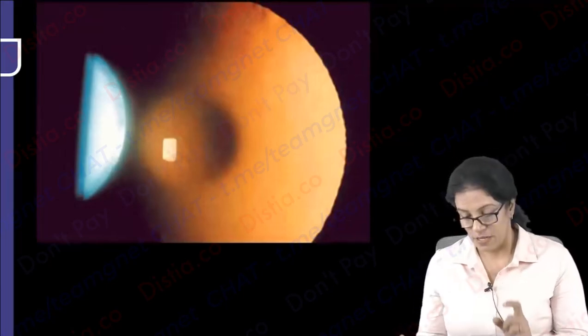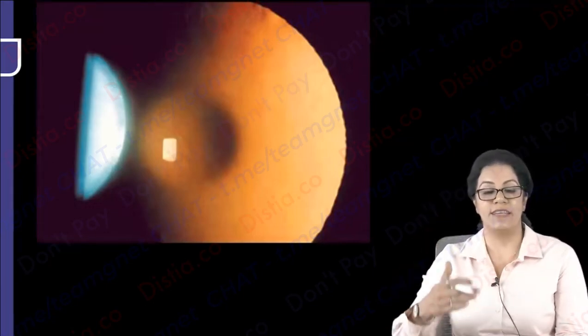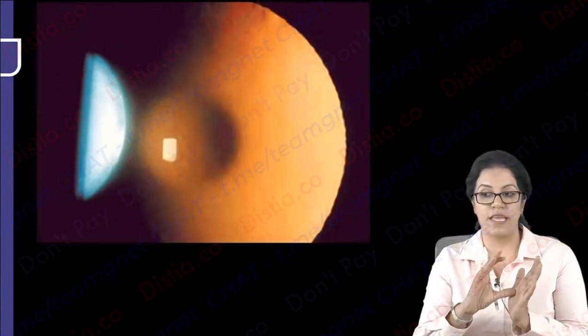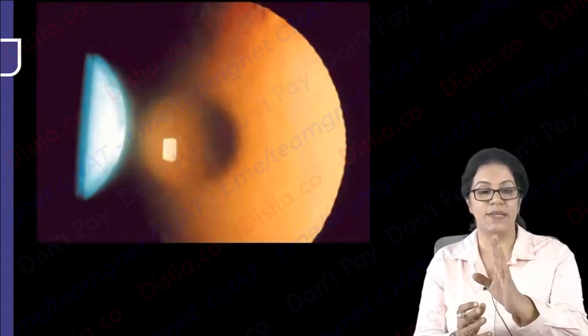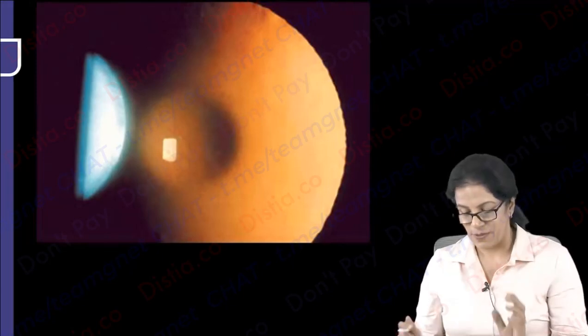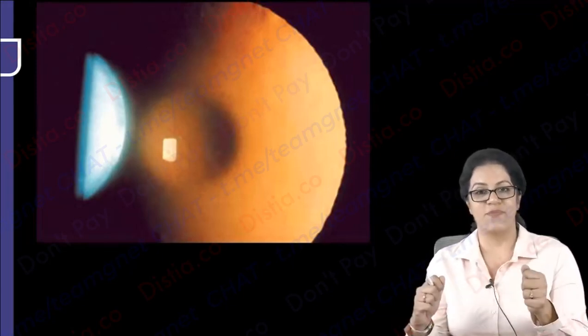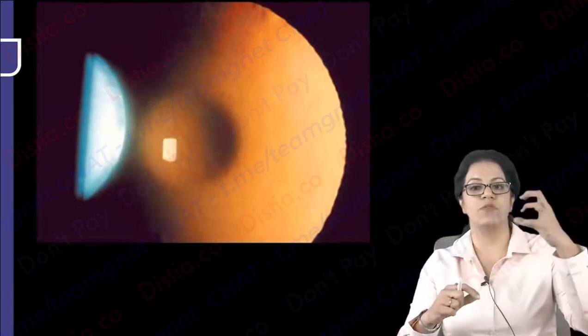What is oil globule? When I'm looking through the slit lamp, can you see the fundus glow? Right? That red glow that you see, that means I'm looking in retroillumination. Which means the line of my sight where I'm looking and the illumination are on the same line. Okay. So there are two limbs in a slit lamp. We all know that. One, the eyepieces through which we are seeing, and another is the source of illumination.